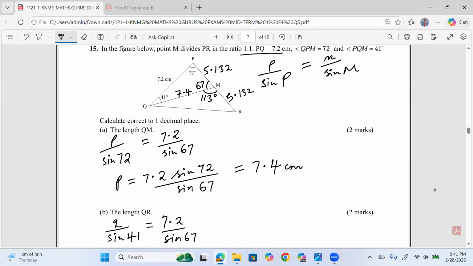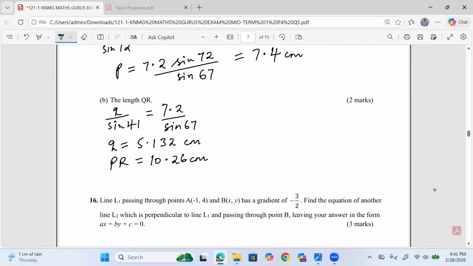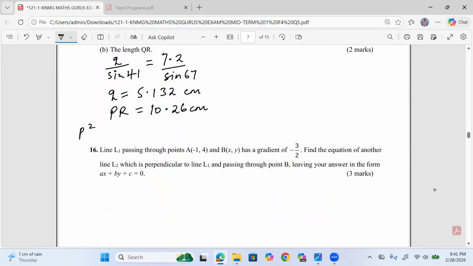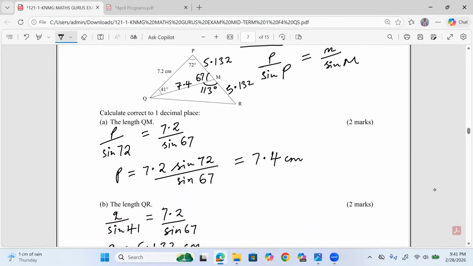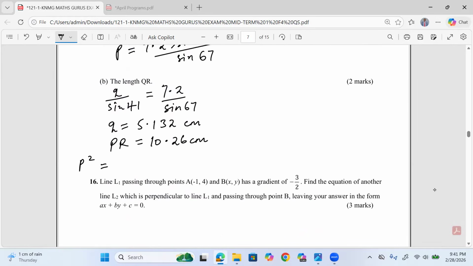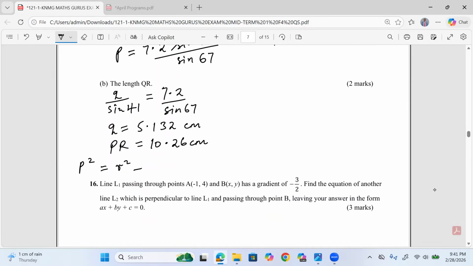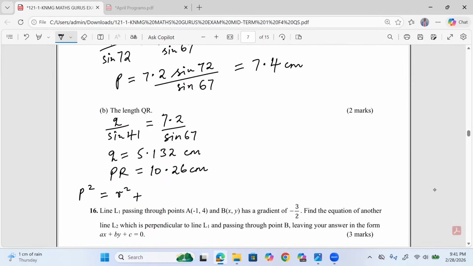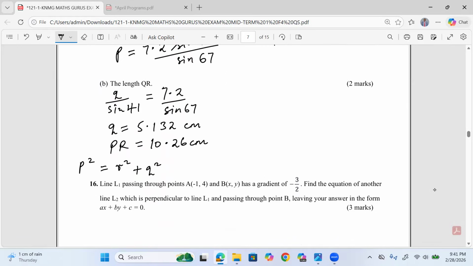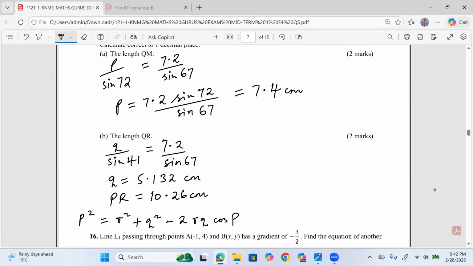When I take p squared, which is the opposite length, if P is here, then the length, small letter p, is this one. p squared should be equal to r squared plus the other length, q squared, then we subtract 2 times r times q, the cosine of the angle at P, which is a capital.